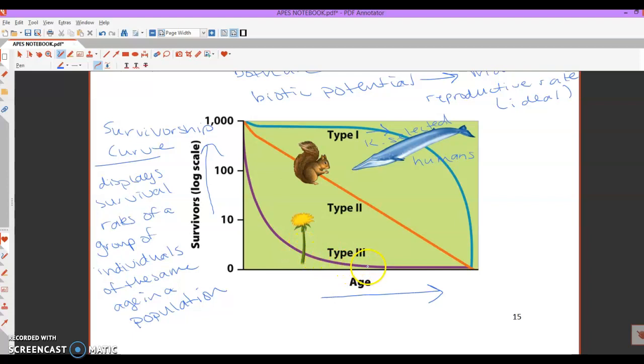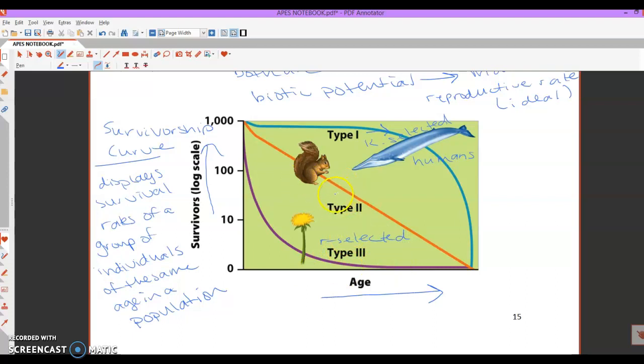So they reach a very limited age before they just start dying in massive quantities. So like dandelions, like flies, like mosquitoes. So this is going to be our R-selected. Okay.